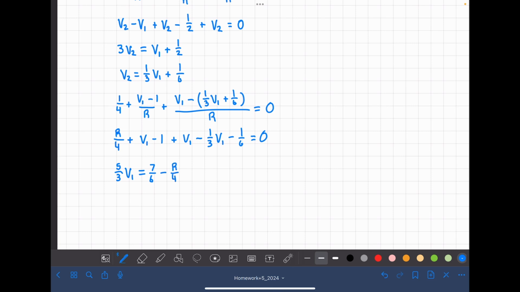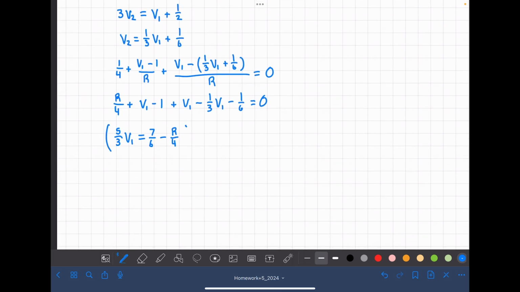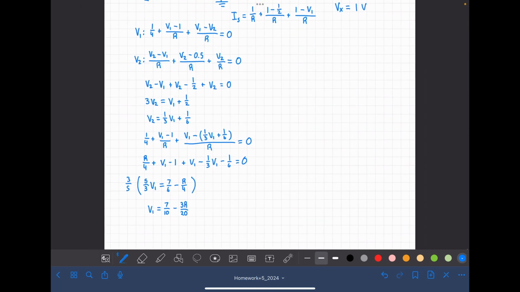I'm going to keep track of that. Then we just multiply everything by 3/5. We get V1 is equal to 21/30, which simplifies to 7/10 minus 3R over 20. So now we have our V1 in terms of R.